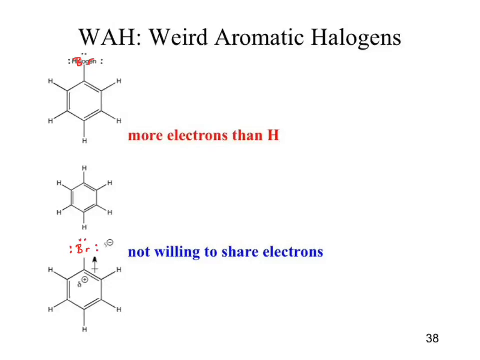It has more electrons because it actually has lone pair electrons on it. So because it has more electrons than hydrogen, we would expect it to share those electrons with the ring, which would mean we would expect we have an activator that is para-ortho directing.